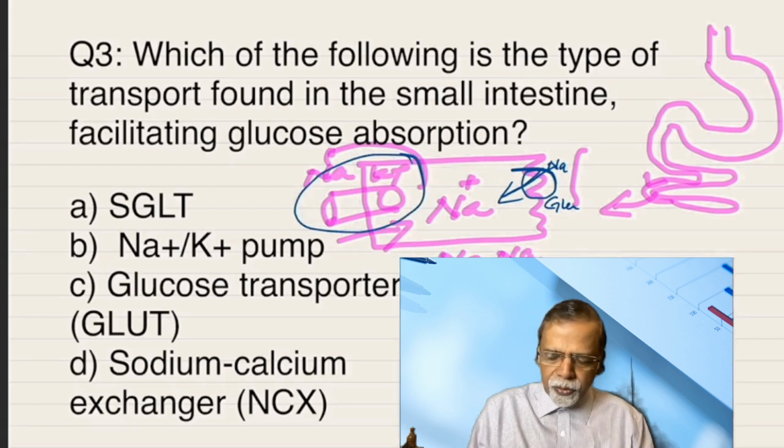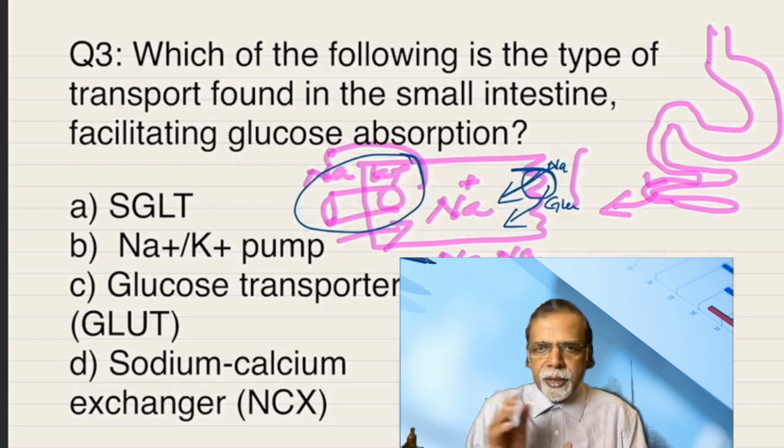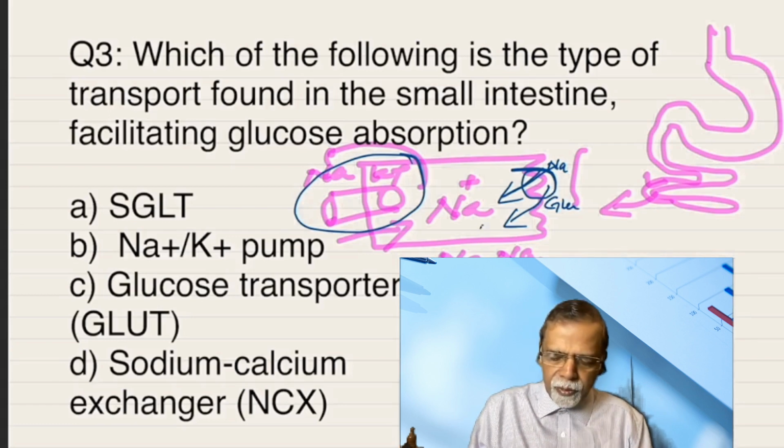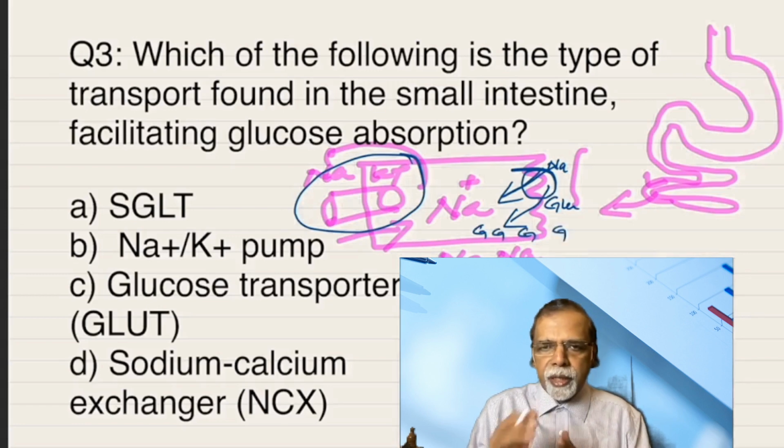Along with the sodium, glucose also enters. Glucose enters against a concentration gradient, because when glucose is getting absorbed, the concentration of glucose inside the cell becomes higher than that in the lumen.